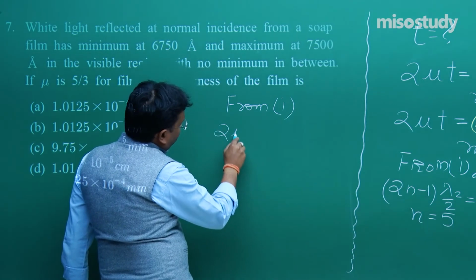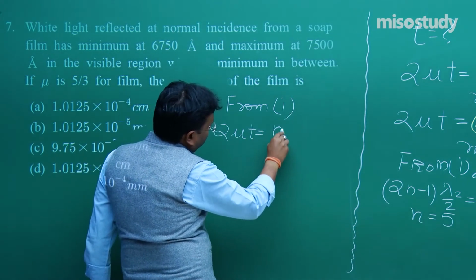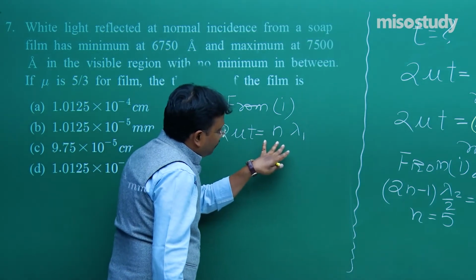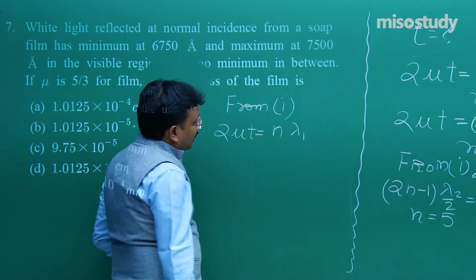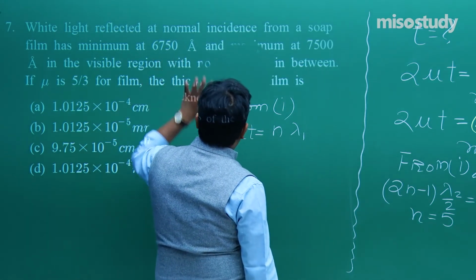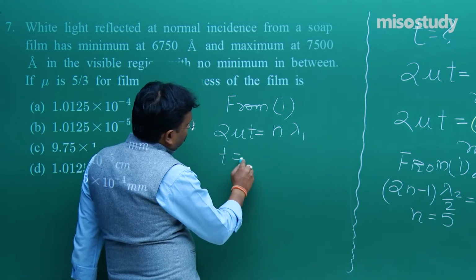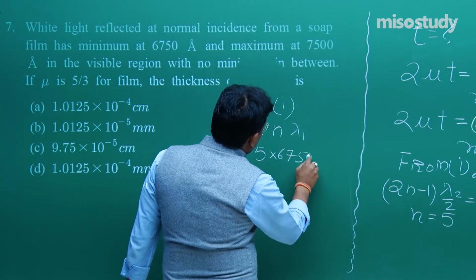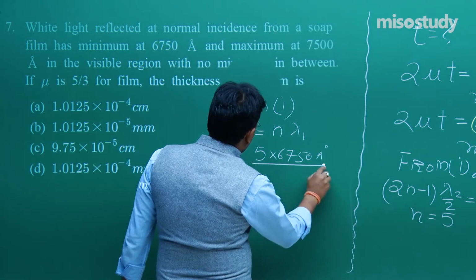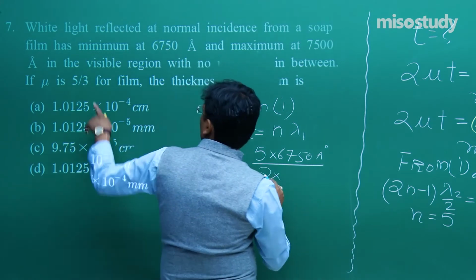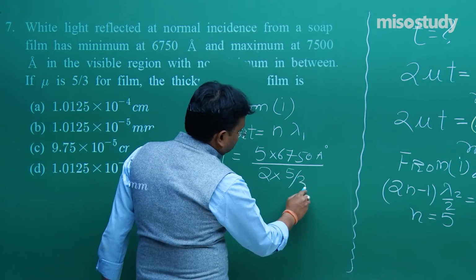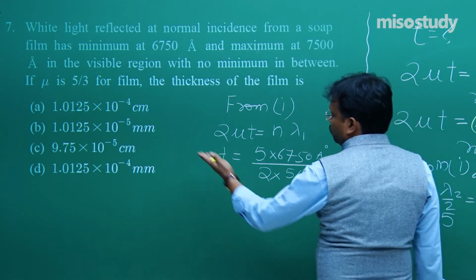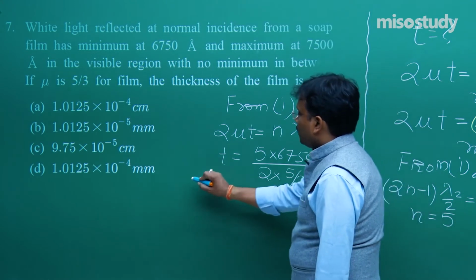So, twice mu t is equal to n lambda 1. The value of n is 5, lambda 1 is 6750. So, t is equal to 5 into 6750 angstrom upon twice into 5 by 3. Once you solve it, you will get A as the correct option.